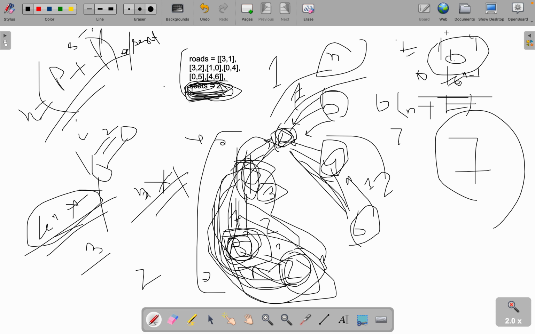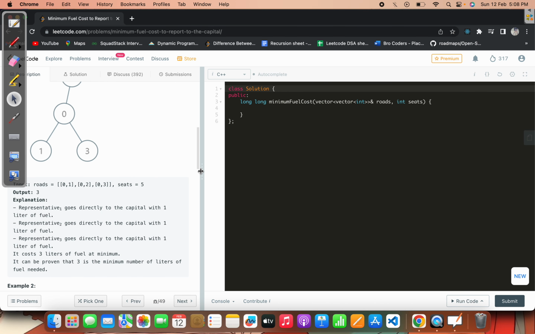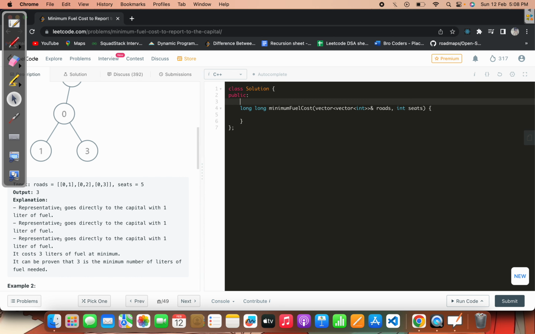So let's now move to the implementation part. So first we will construct an adjacency list for our graph, where n is the total number of nodes.